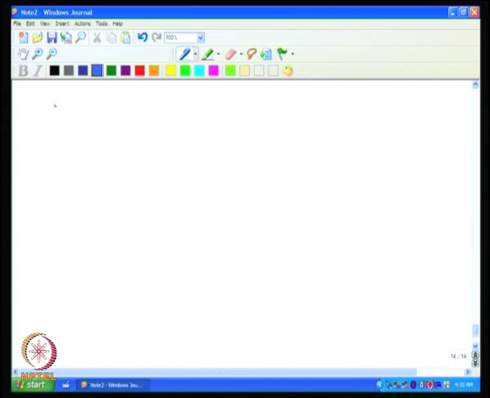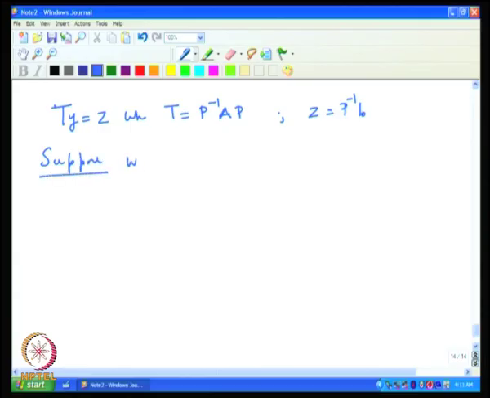We have T y equal to Z, where T equal to P inverse A P and Z is equal to P inverse B, or B is equal to P Z. Suppose we can find P such that T equal to P inverse A P is a diagonal matrix.